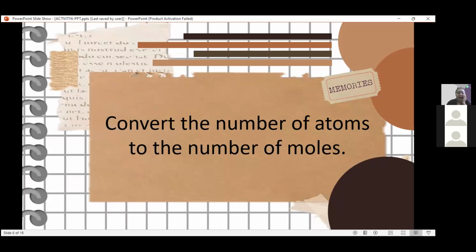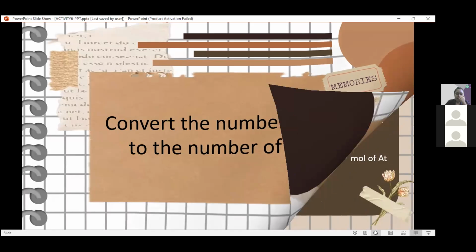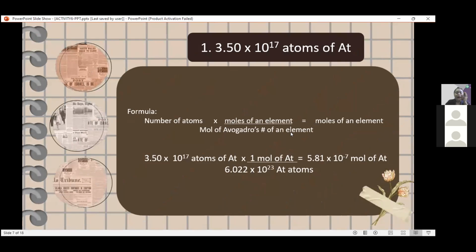Okay. Sige. So the first part is convert the number of atoms to the number of moles. Number 1, this is the number 1, 3.50 times 10 raised to the power of 17 atoms of astatine. So again, the number of atoms will just be multiplied with the Avogadro's number per mole.